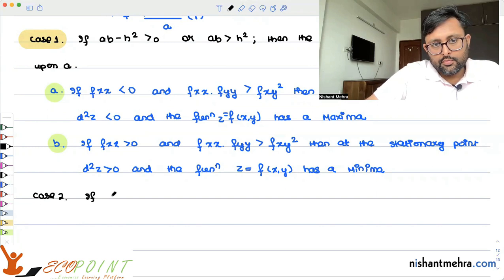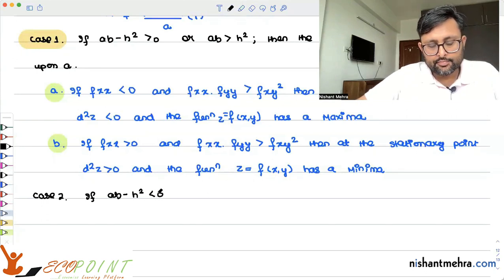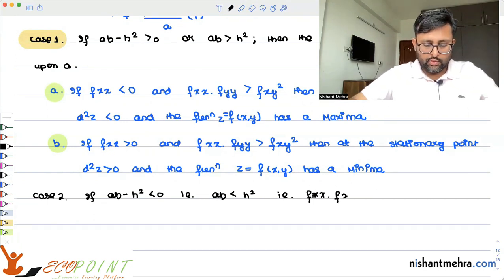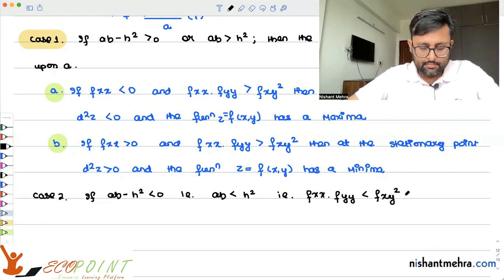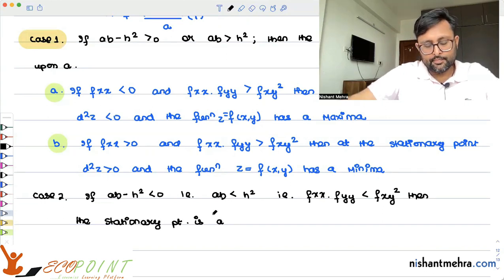If ab minus h square is negative, that is ab is less than h square, that is fxx into fyy is less than f of xy square, then the stationary point is a saddle point.